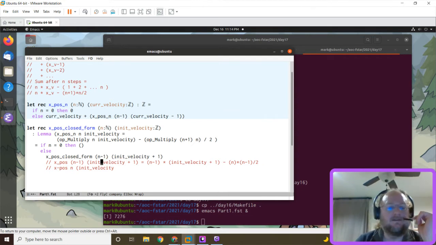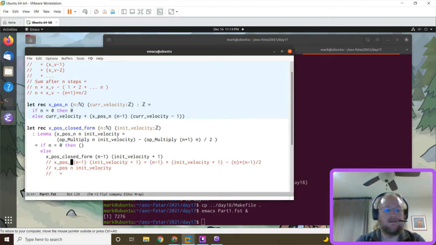All right. I mean, this should be true. Okay, and what we want to say is, okay, so that is, so we know this is init velocity plus n minus 1 current velocity.